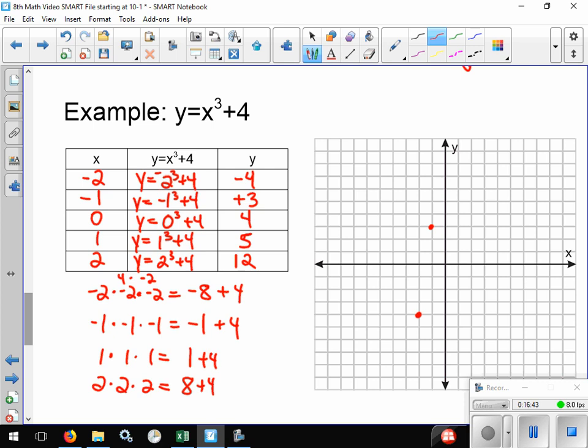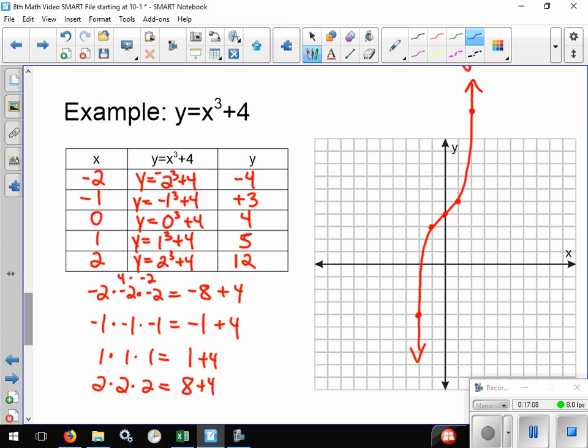So we go 0, positive 4, 1, 2, 3, 4. There we go. What was I counting? And then we go over 1, right 1, plus 5. And then we go over 2, and up 12. So we know the grid ends at 10, and then 11, 12 is about here. So our cubic function is still a little snake, and it's just offset by plus 4.